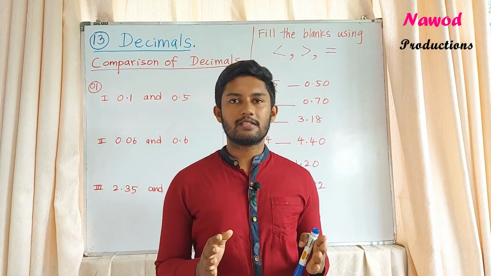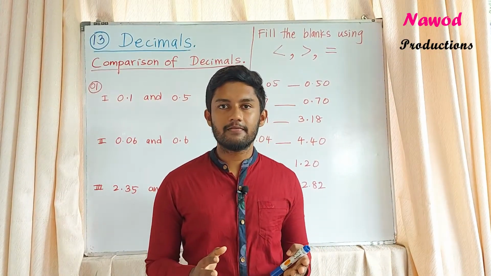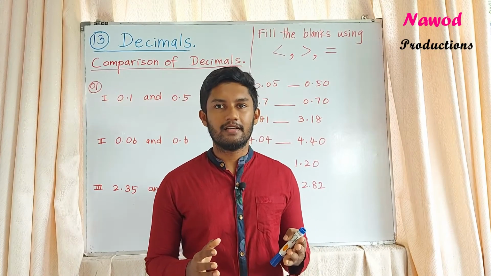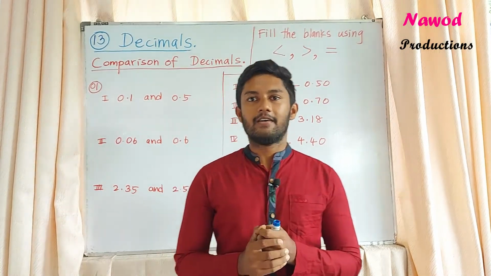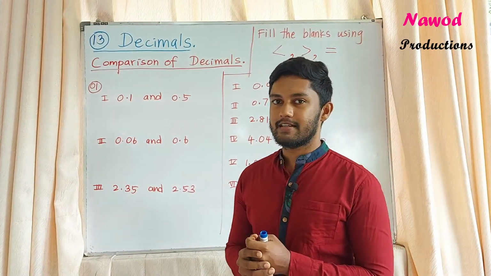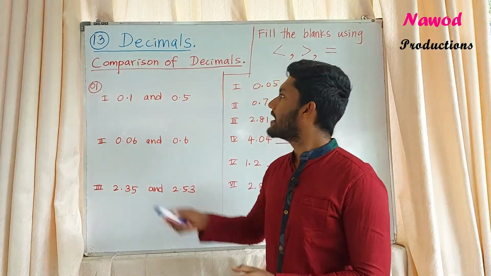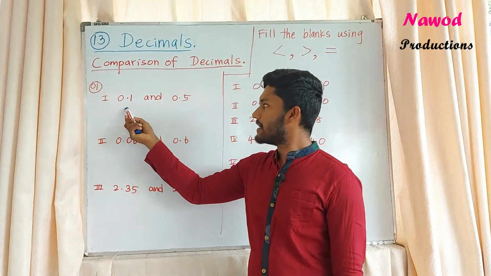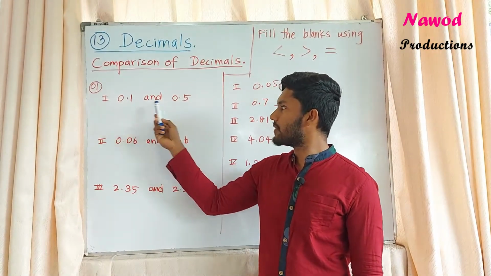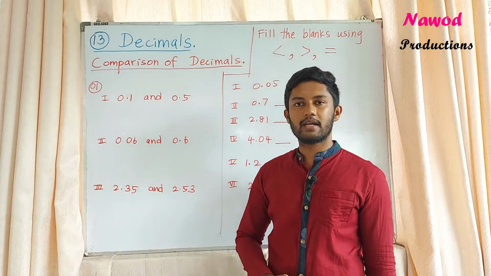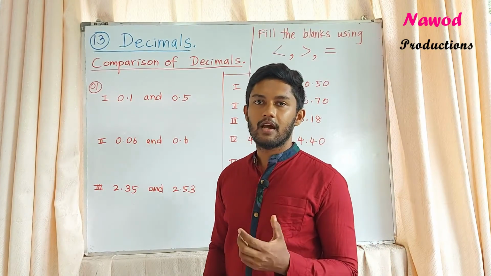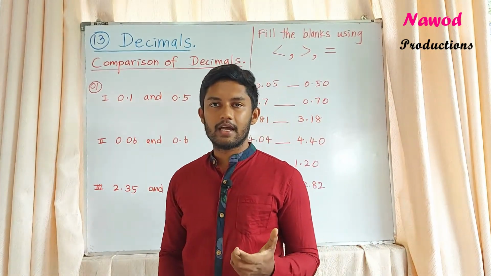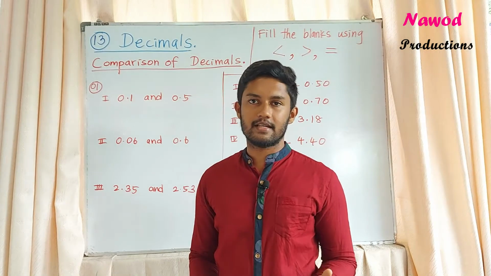Then of course, we must have the ability of comparing the decimal numbers. First, we must learn about comparison of decimals. Here, you have 0.1 and 0.5 to be compared. Then, we want to consider each and every place.